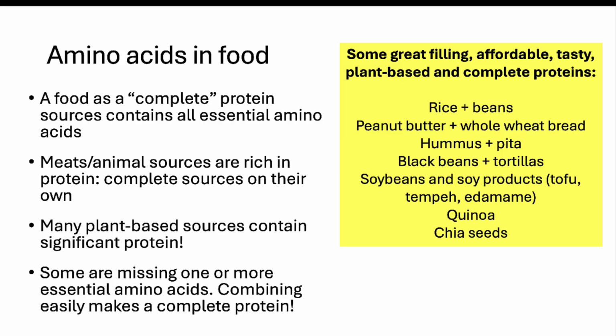Eating just one thing all the time can lead to deficiencies. Eating things like this is helpful, right? And there are a few here that are just plant-based, complete proteins on their own. But that said, a lot of times we pair beans and rice or beans and grain, and it easily makes a whole protein. Getting good protein when you're eating a plant-based diet is not impossible, and here are some great places to start.